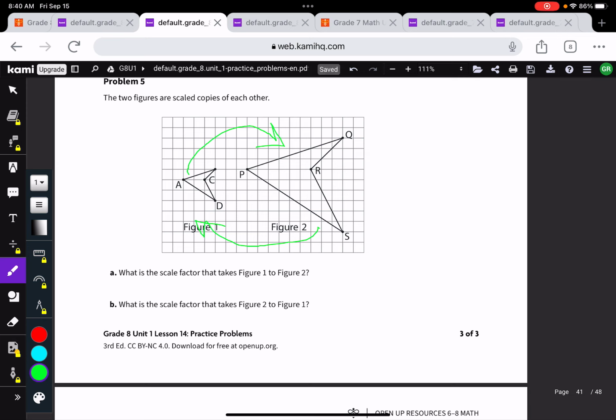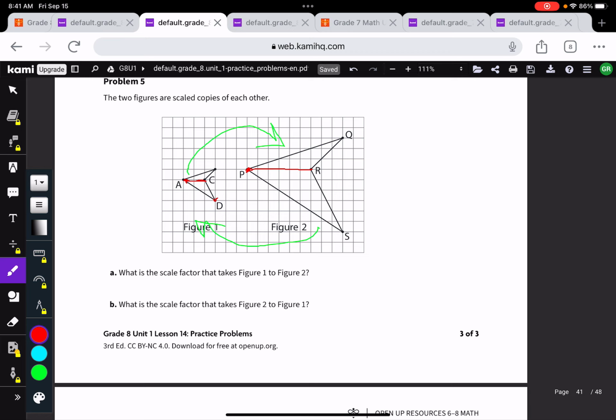And if you remember, you don't have to pay attention to diagonals. You can pay attention to any corresponding distance. For example, the distance from here to here, you could count that. You could also count the distance from here to here if you'd rather do that. But it has to be a corresponding side. So if you count from here to here, then you have to count from here to here.